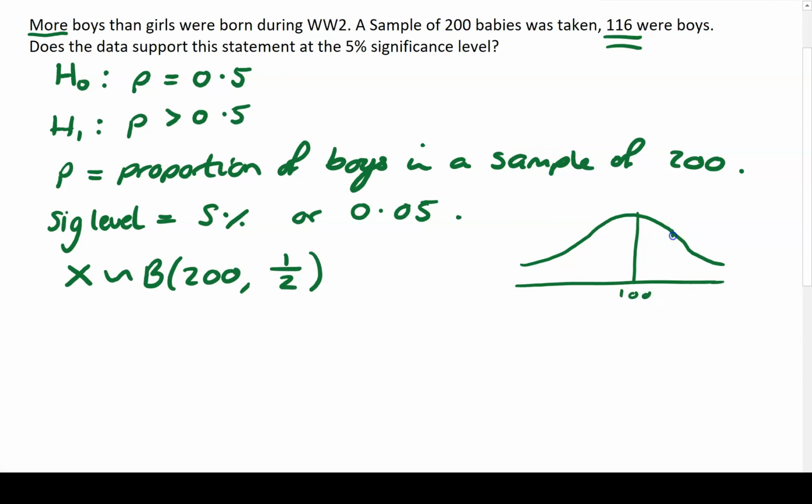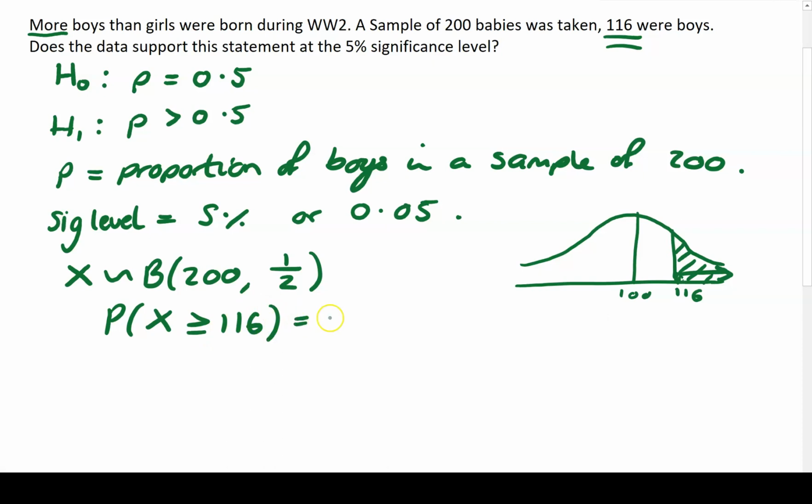So we need to know if 116 or above, get my words out, is that area there more or less than the 5% that we're allowed? So we are finding the probability of greater than or equal to 116.